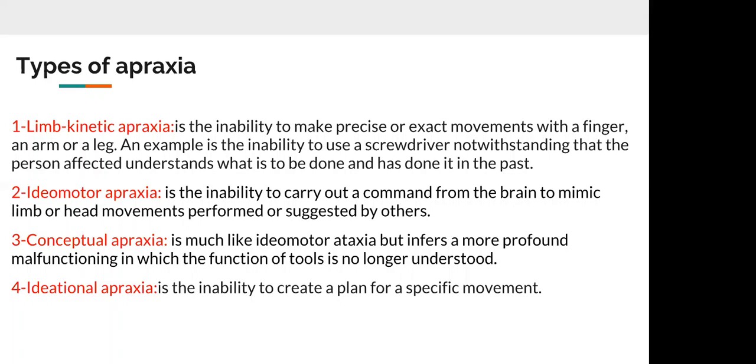Ideomotor apraxia is the inability to carry out an order from the brain to mimic a limb movement performed. Conceptual apraxia is much like ideomotor, but refers to a more profound malfunction in which the function of tools is no longer understood. Ideational apraxia is an inability to create a plan for a specific movement.